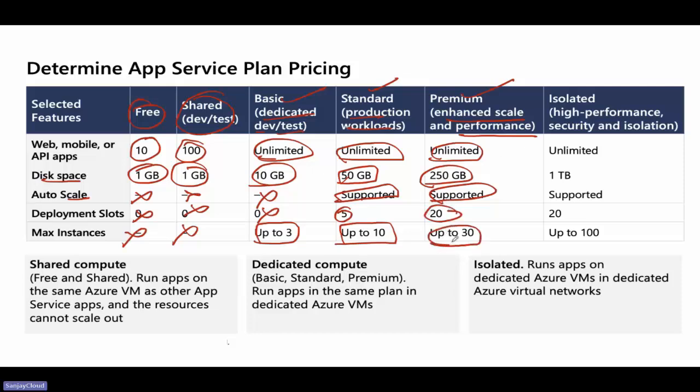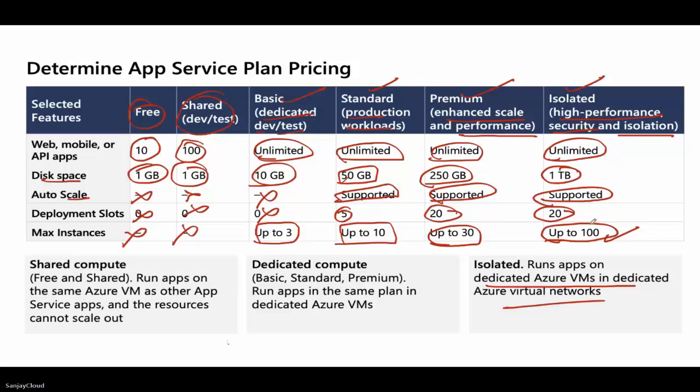Isolated, where you will get dedicated hardware, high performance, security and isolation, because isolated means you will get a dedicated Azure virtual machine in your VNet. Unlimited application hosting, 1 TB storage, auto scaling is supported, 20 deployment slots, and we can add up to 100 instances.